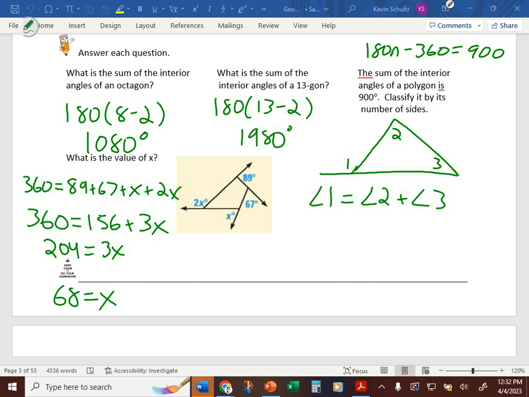So in this case, if we extended these sides and so we had angles 4 and 5 here, we know that 1 plus 4 plus 5 have to equal 360. And we know that angle 1 is equal to 2 and 3. So we can't really combine the two without more information. But the exterior angles of the triangles are kind of extra special in that they give us two theorems that we can use in different situations.